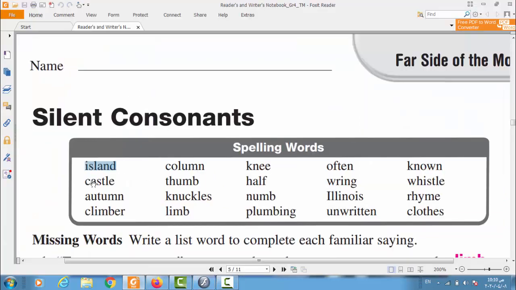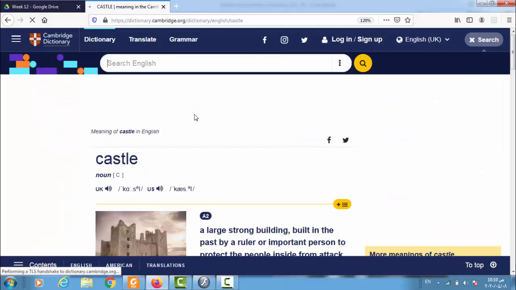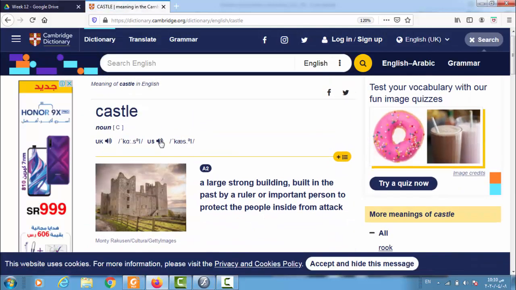The second one, castle. Castle is a large, strong building built in the past by a ruler or important person to protect the people inside from attack.